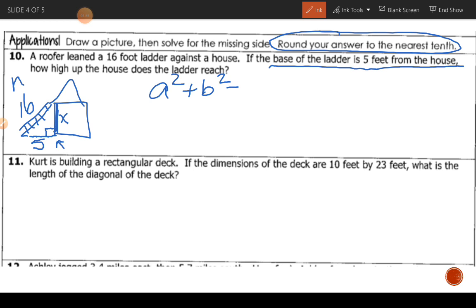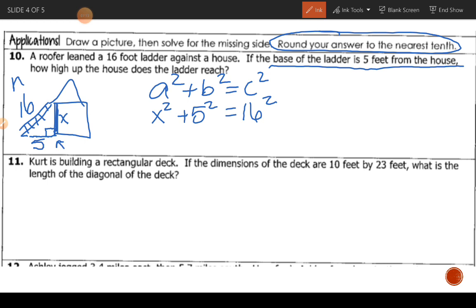So we use our Pythagorean theorem: a squared plus b squared is equal to c squared. Again, the 16 goes into the c because that's our hypotenuse. The x squared and the 5 squared, that doesn't matter. You can put one first, one second, it does not matter.